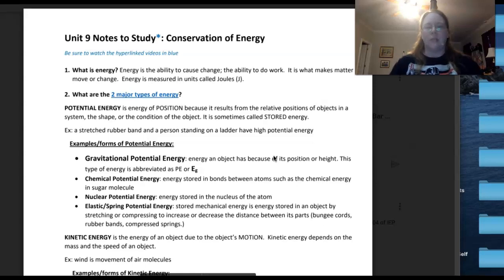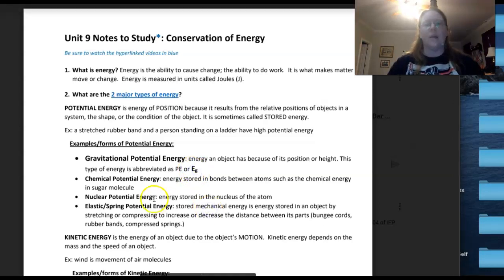So that's the main thing. Now, the way we express it, gravitational potential energy, definition again: energy an object has because of its position or condition is another way it's described. This type of energy is abbreviated as PE or E of G, meaning energy due to gravity, right here.